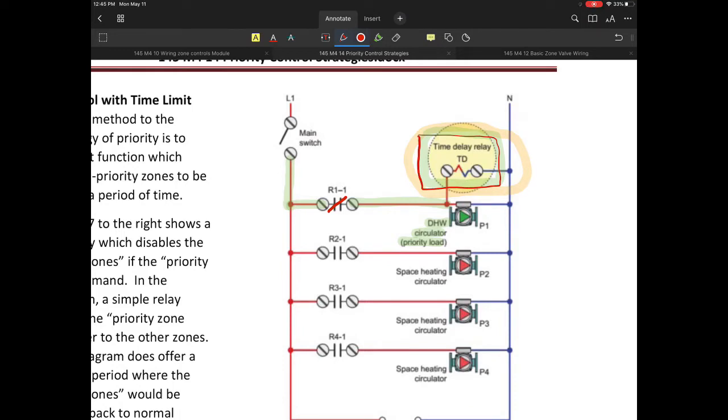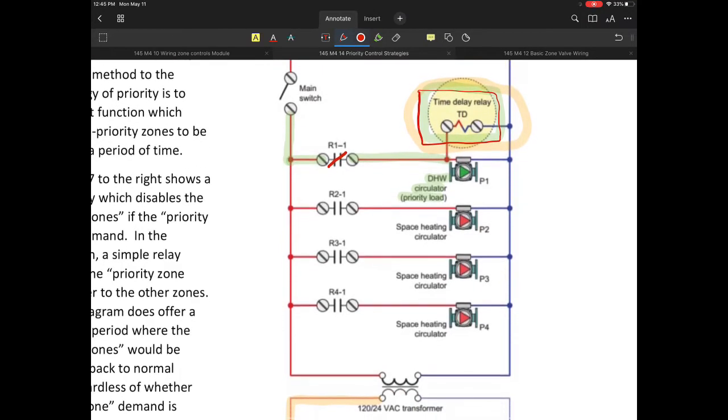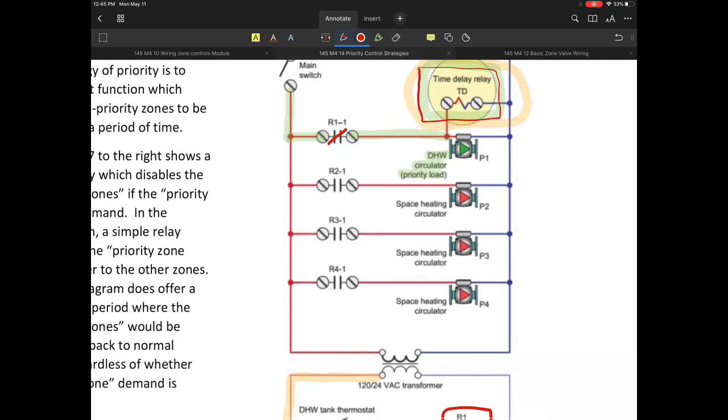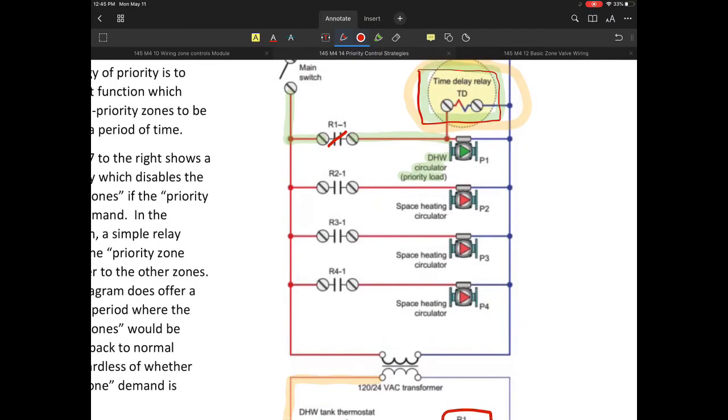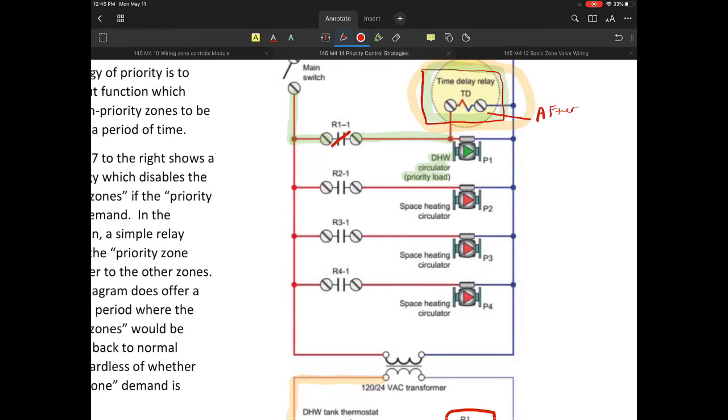It's really rare that you would ever have a domestic water demand that could take that long. So I think this is really just a safety feature, so that in the event that we have a problem where that demand just isn't being satisfied for whatever reason, you have an out.